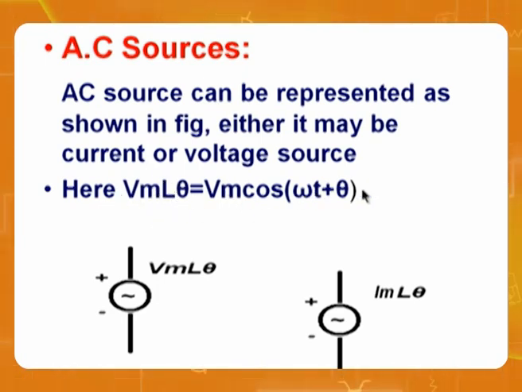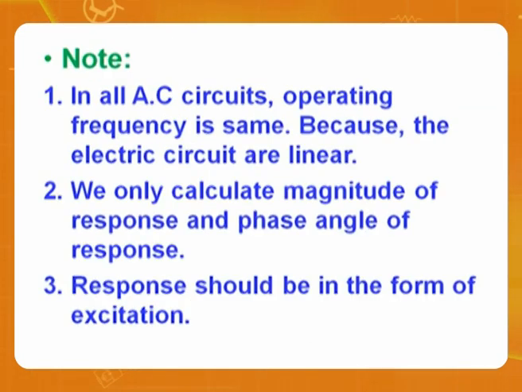Vm cos is another way of representation. So when the frequency is required, they will give frequency. If frequency is not required, you can convert into polar form. So a given trigonometric equation, you can put in the polar form. That's a small idea about AC sources.